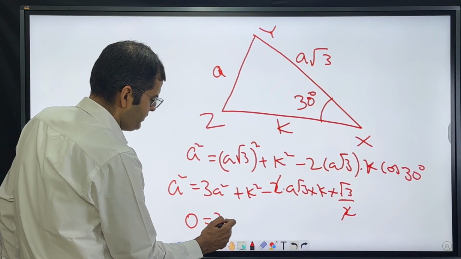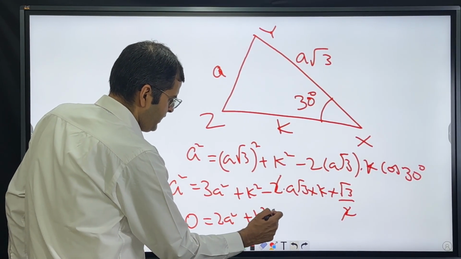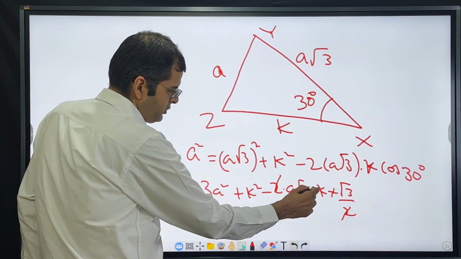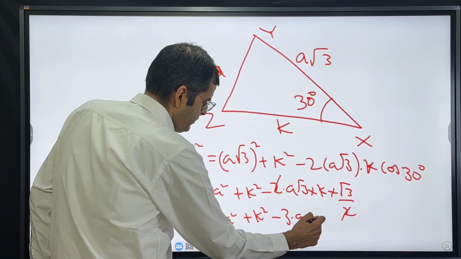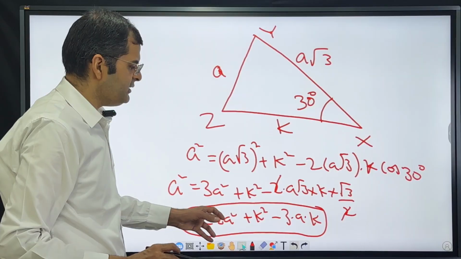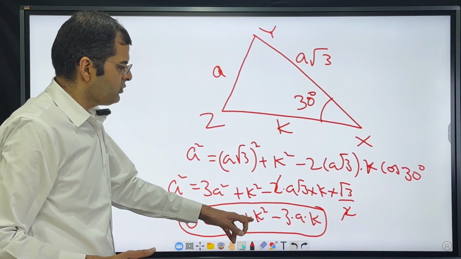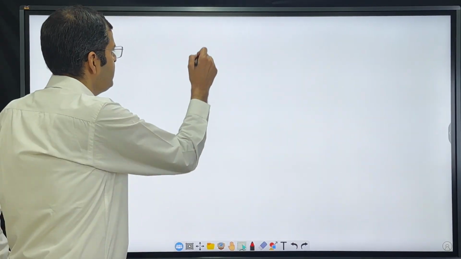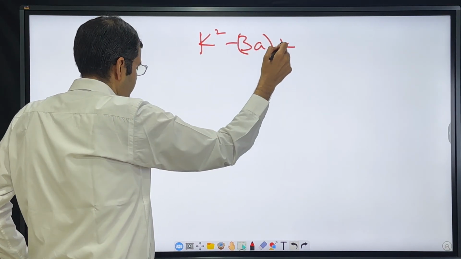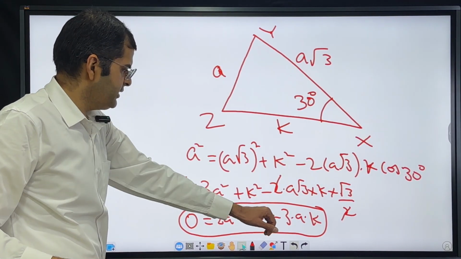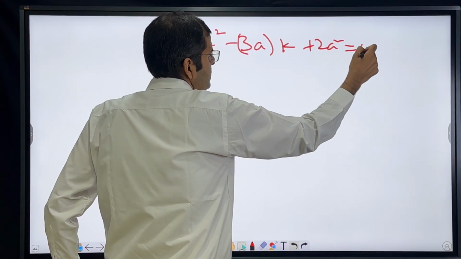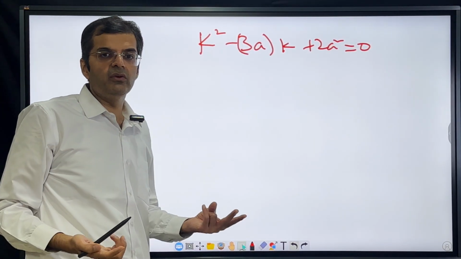So 3A squared minus A squared is 2A squared, plus K squared minus root 3 into root 3, which is 3, into A into K. I have a quadratic in K. A is fixed, A is not a variable here. So the quadratic is K squared minus 3A times K plus 2A squared is equal to 0. This is a quadratic in K which will give me two values of K.